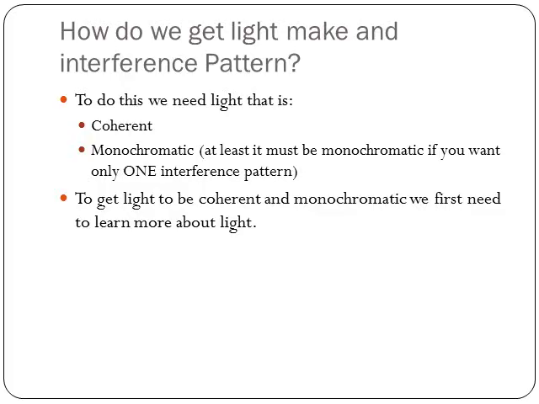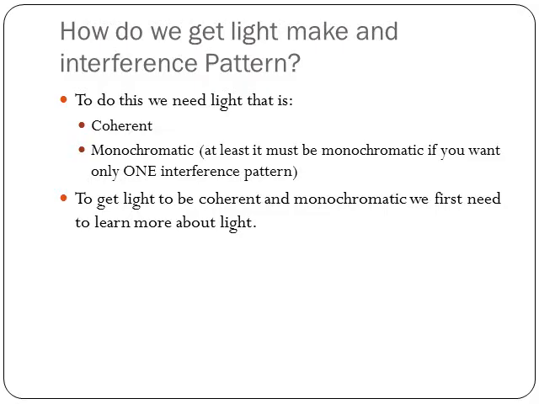So how can we make light create an interference pattern? You can see that in all the other examples we had issues with creating it. And the main thing is it has to be coherent and it has to be monochromatic. That means that it's one color, right? If you have one color, you have one frequency, and they have to be coherent.